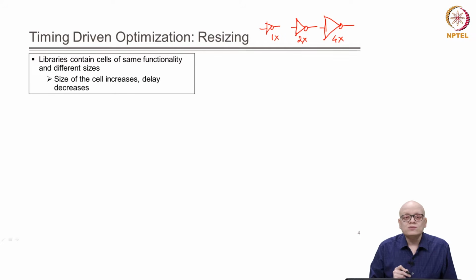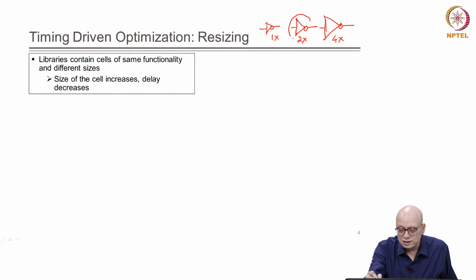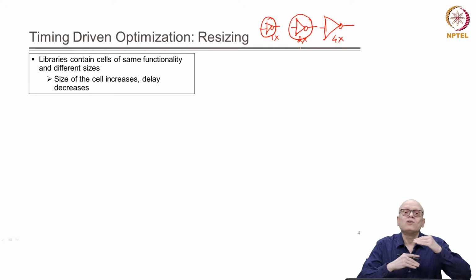Now, as the size of the cell increases, suppose we are considering a 1x inverter and a 2x inverter, what will happen in the 2x inverter? The transistors that are used to implement the inverter will be of larger size.